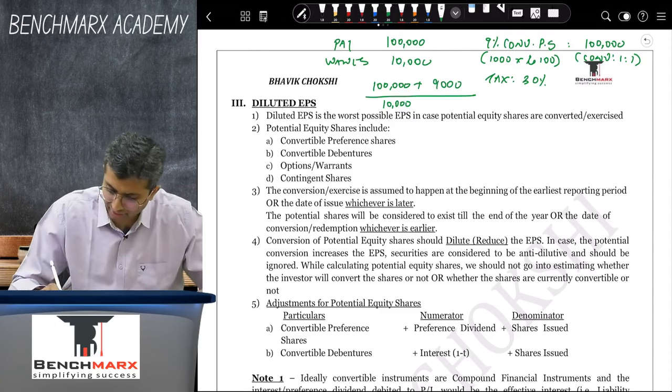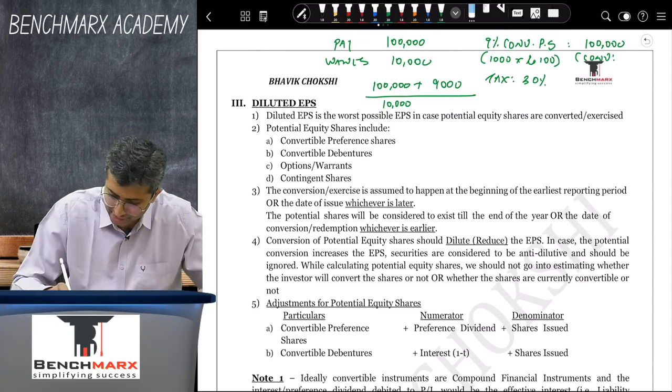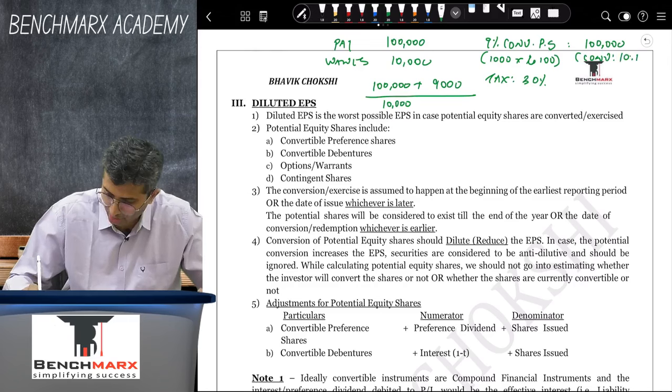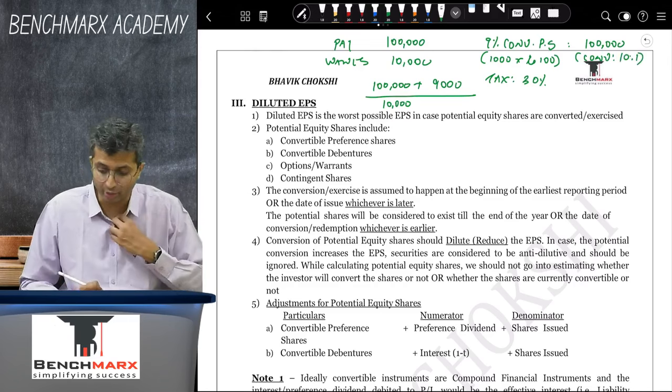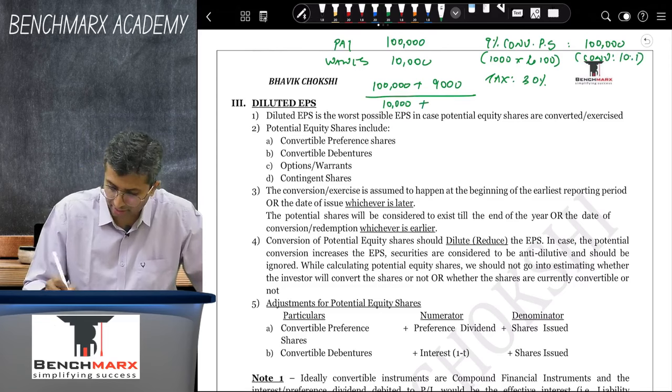Let us say the conversion ratio is 10:1. So one preference share gets converted into 10 equity shares. Actually, we can keep 1:1, no problem.